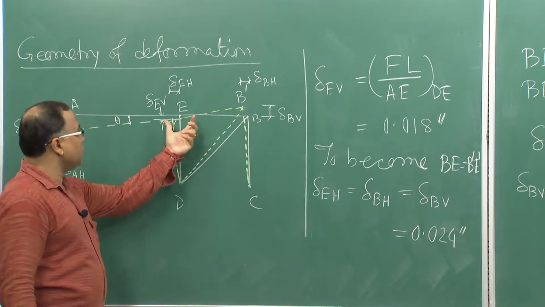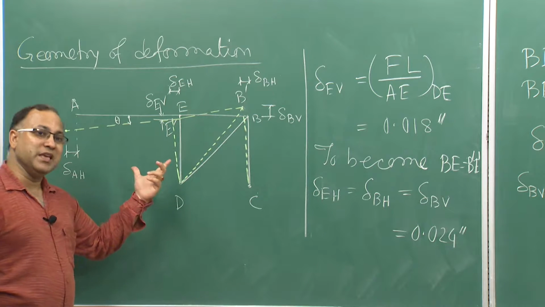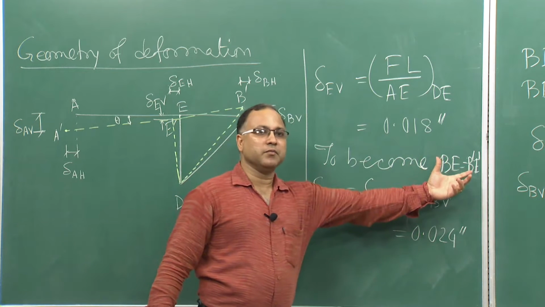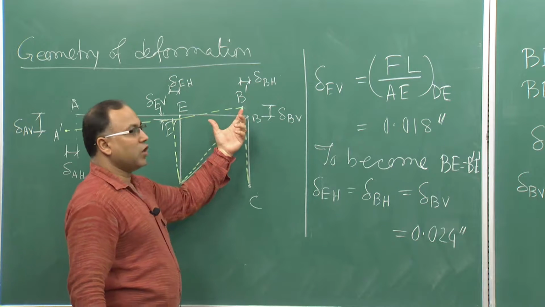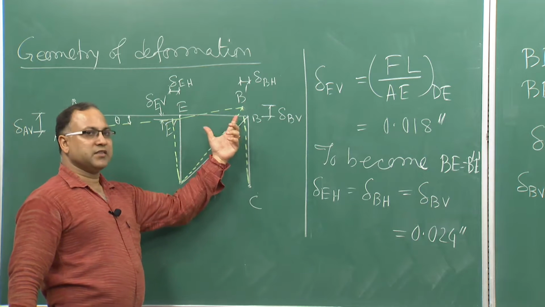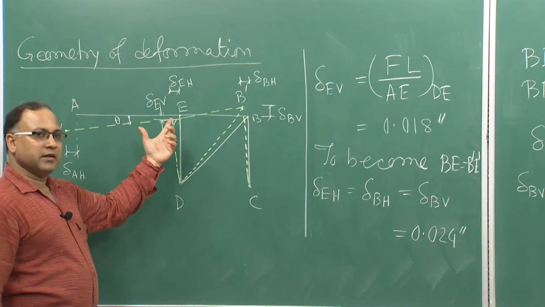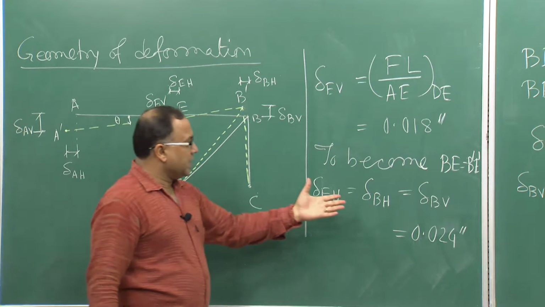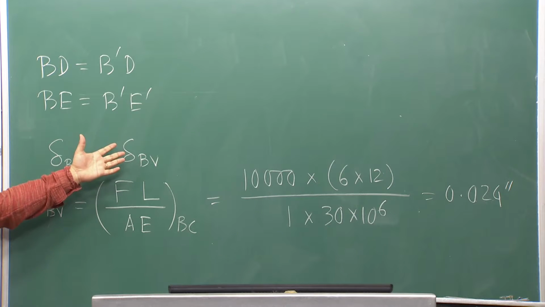That is the horizontal movement of point E. What is delta BH? That is the horizontal movement of point B. They must be equal, otherwise you will not get BE equal to B prime E prime. So the same amount of horizontal movement should happen in member AB: the horizontal displacement that point B experiences, point E should experience, and point A also. And of course, delta BH must be equal to delta BV, as we established from the geometric compatibility.